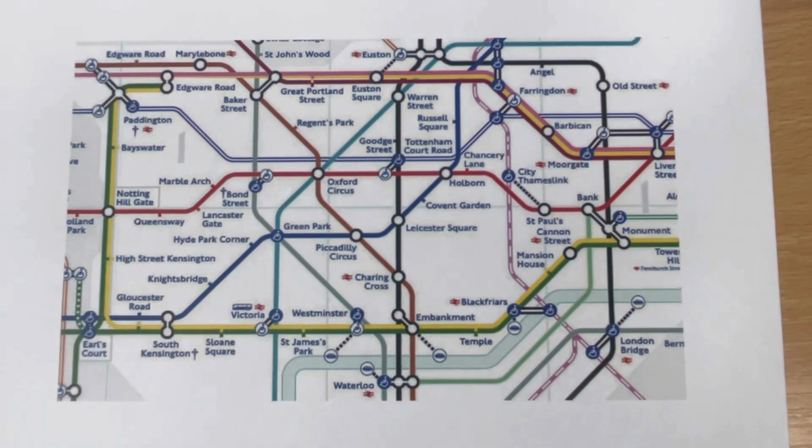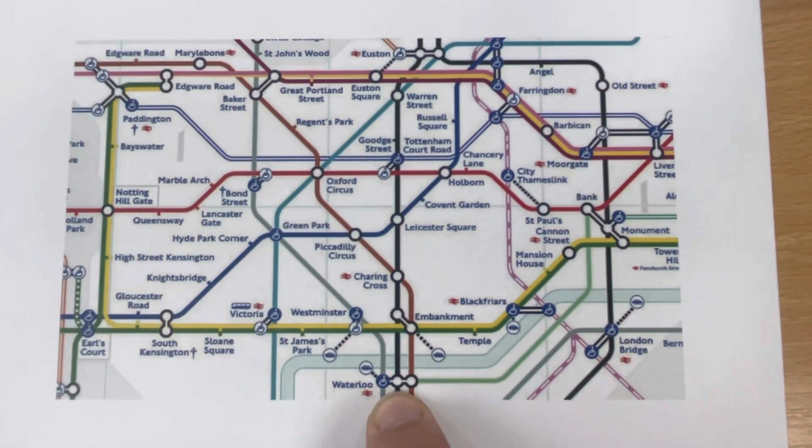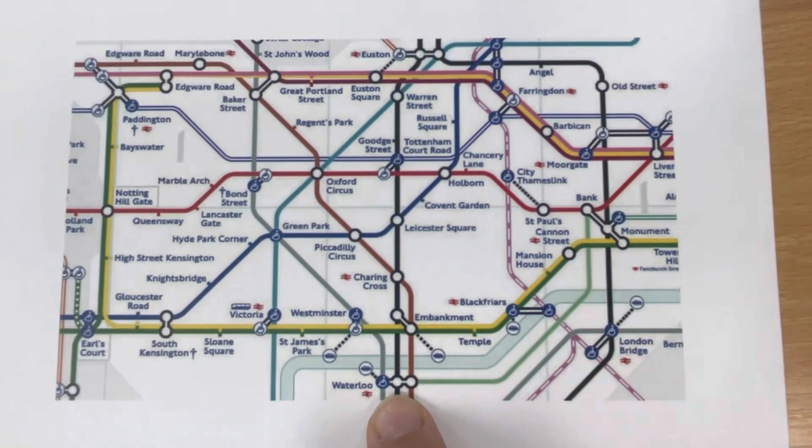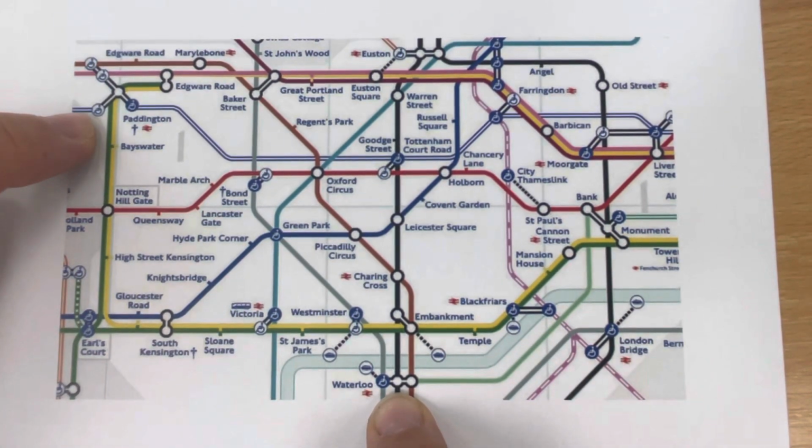Okay, so let's say that we are at Waterloo Station. We can use this graph to decide the best way to get to, let's say, Paddington. So at Waterloo, we want to get to Paddington up here.